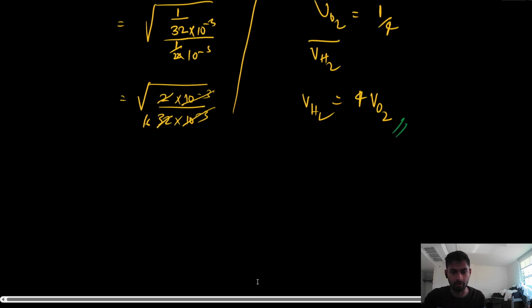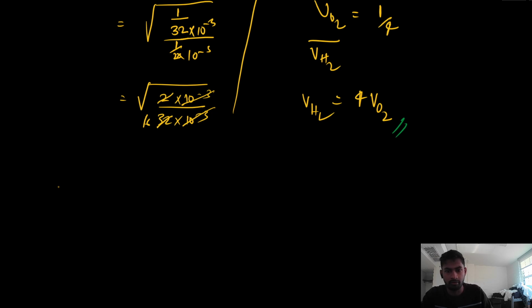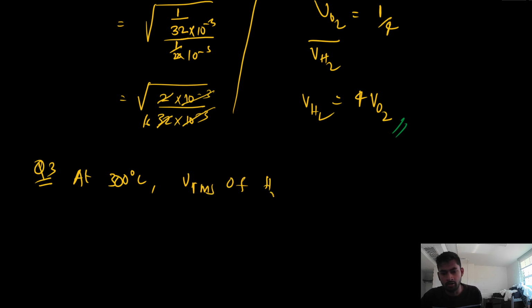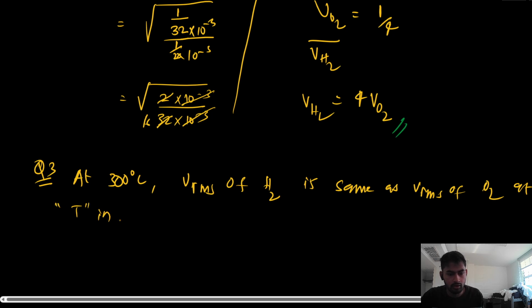I'd like to give another problem, maybe as an assignment. At 300 degrees Celsius, Vrms of hydrogen is the same as Vrms of oxygen at T in Kelvin.